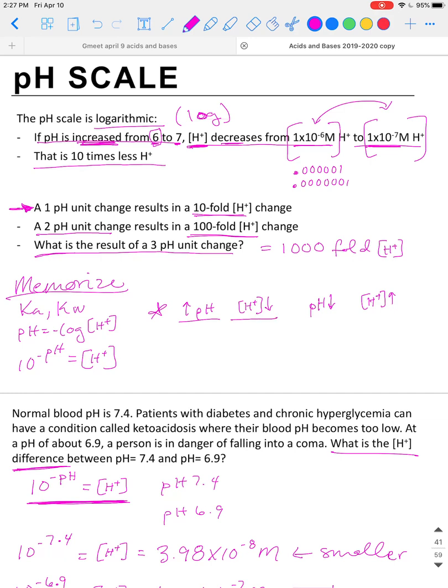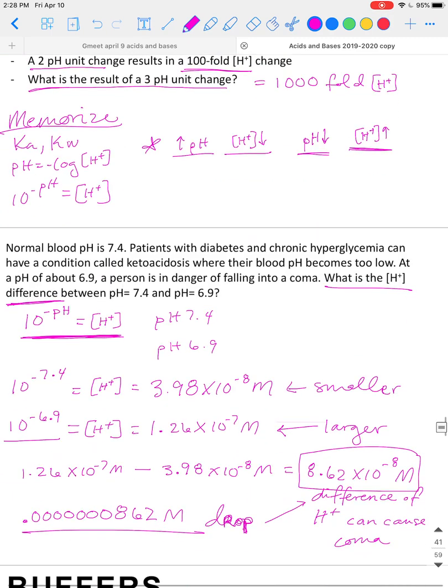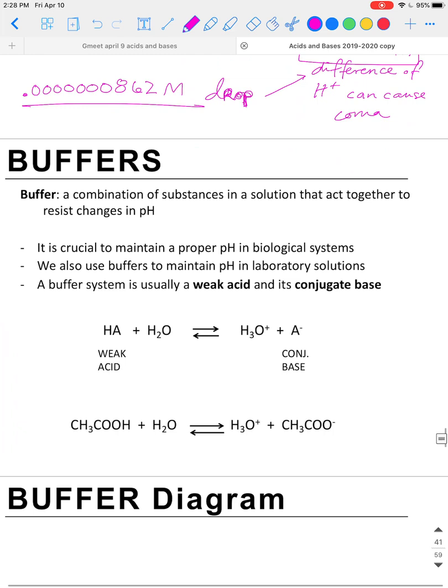The less H plus floating around in solution, the more basic our pH becomes. But if we have a high concentration of H plus, then our pH is going to drop and become more acidic. So know these relationships and know how the concentration of H plus is related to pH.